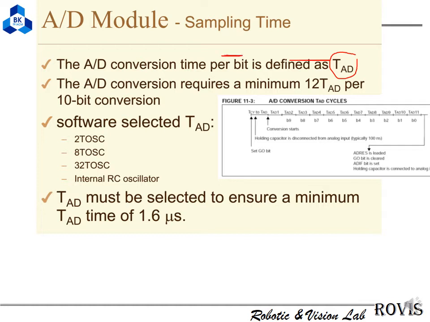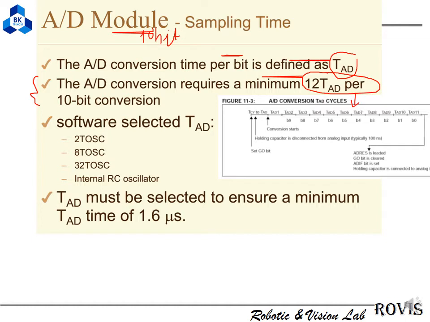That means when we have 10 bits, it will need time to convert the analog signal to 10 bits. Each bit takes TAD. So the total time for the conversion of 10 bits is about 12 TAD. Why 12 TAD is related to this table, you can see here.